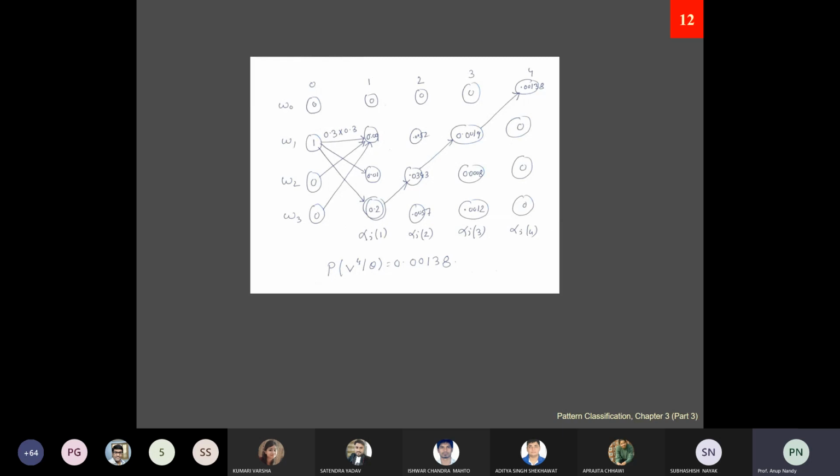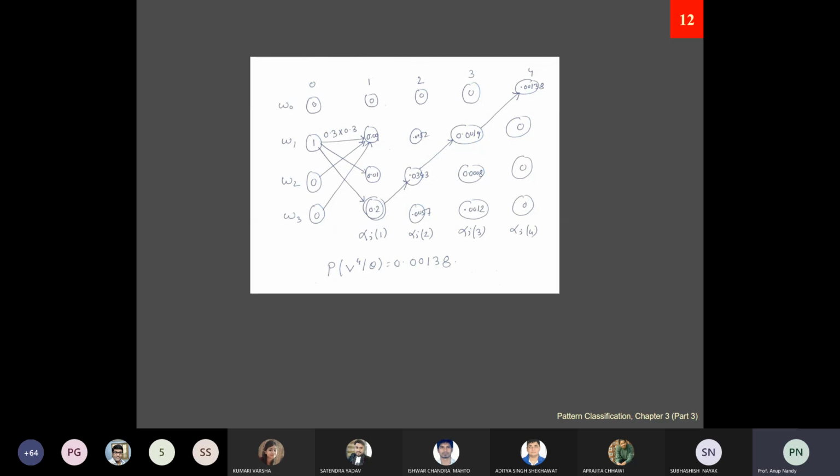Can anyone tell me why it is 0 for W0, why W1 is 1, why W2 is 0, and why W3 is 0 at t equal to 0? W1 is the initial state, that's why alpha 1 is 1 and all the others, W0, W2 and W3, are 0 at t equal to 0. Very good. And W0 is your accepting state.